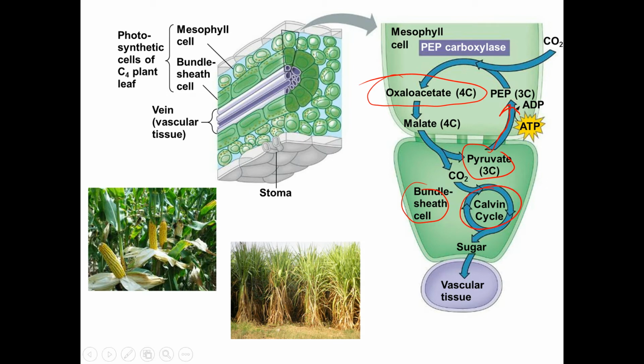Here, comparing your C3 to your C4 plants: your C3 plant carries out the light reaction and the Calvin cycle in the mesophyll cell.